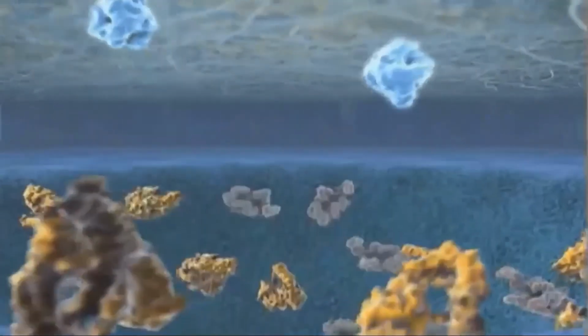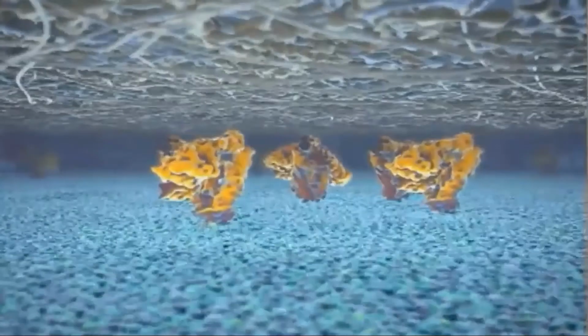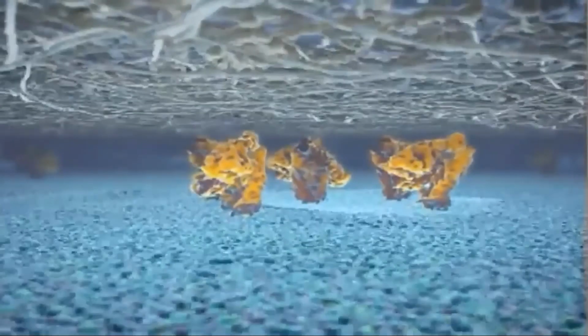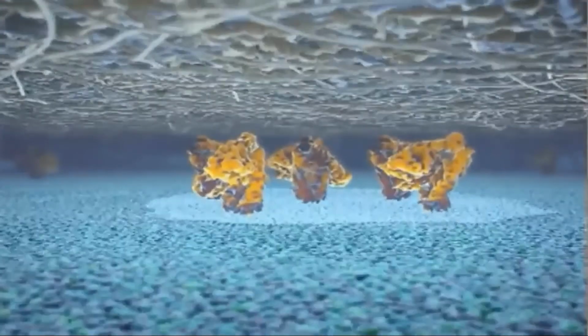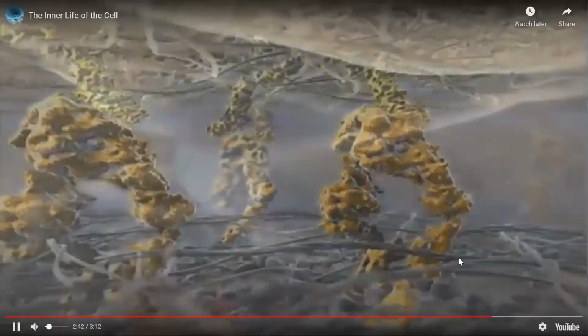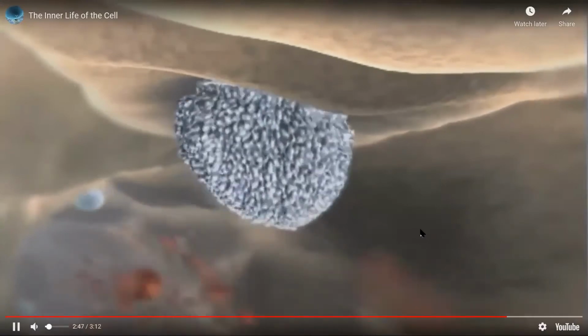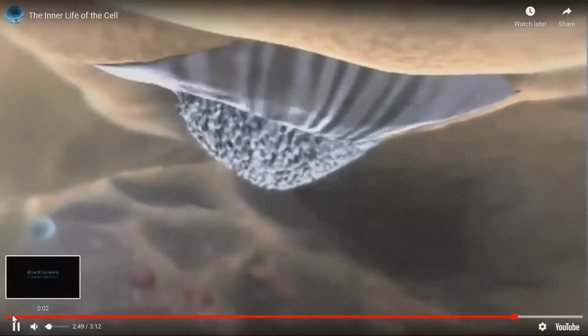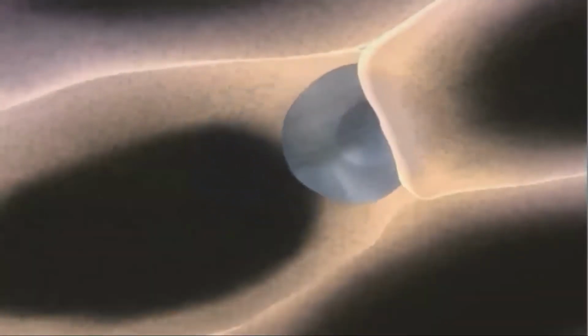So what they're trying to show you in this video basically is the production and secretion of some sort of protein that's getting secreted from the cell. And there goes our little white blood cell moving along. And you can see in the end that white blood cell is getting called to an infection. It's crawling in between some tissues to respond to some sort of infection.